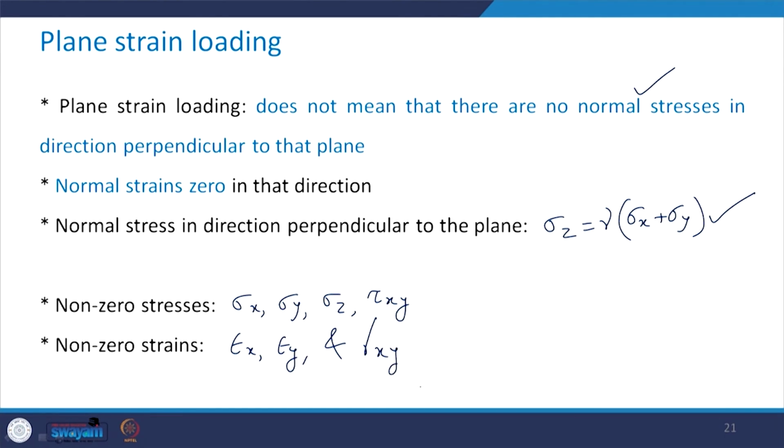So this is how the constitutive relationship for plane strain loading can be obtained.